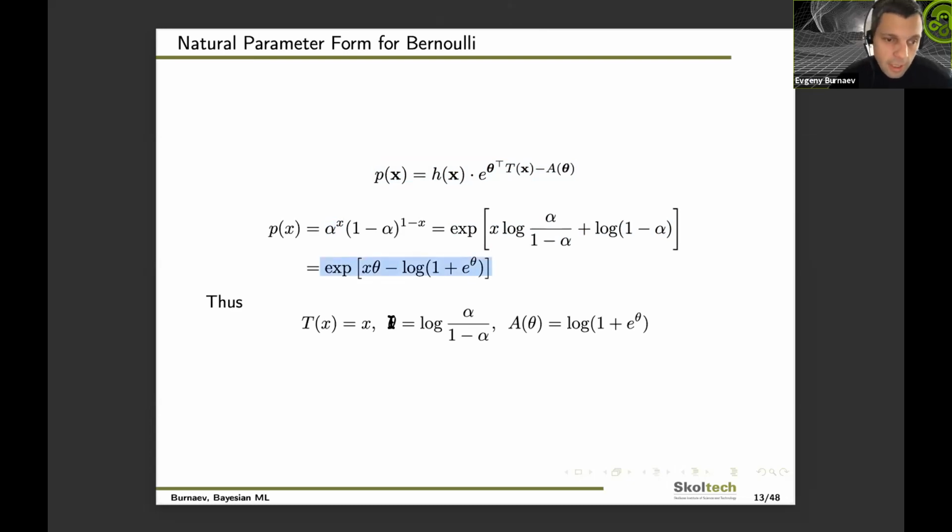So we see that if we define theta as the logarithm of this ratio, and a of theta we define as equal to this, then for such functions t of x and a of theta, we get exactly the Bernoulli distribution written in this form.